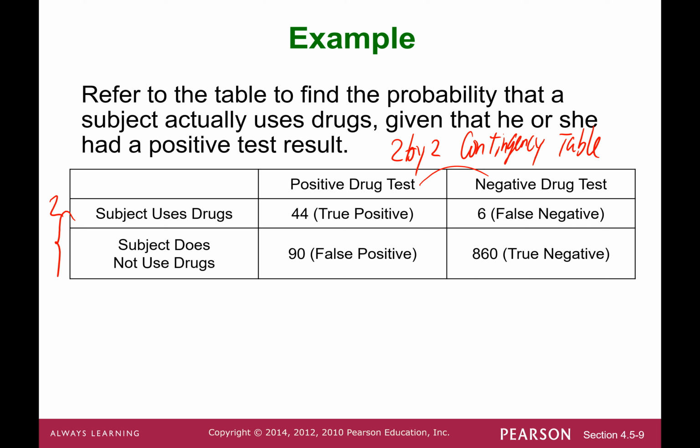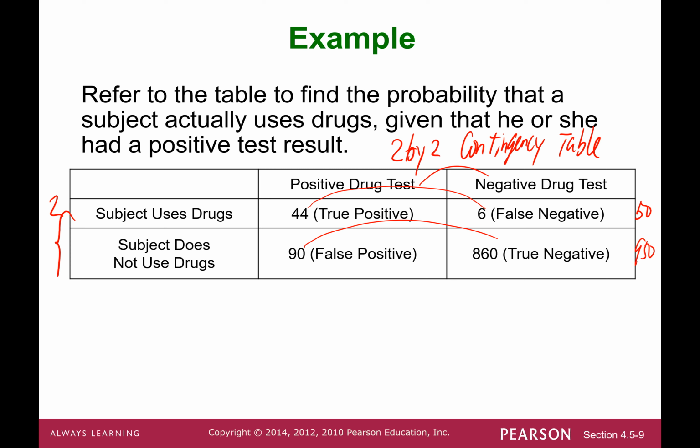Now for this conditions table, in the rows we have subjects using drugs and subjects not using drugs. So we have a total of 50 subjects who are using drugs, adding 44 and 6. Subjects who do not use drugs, adding 90 to 860 is 950.